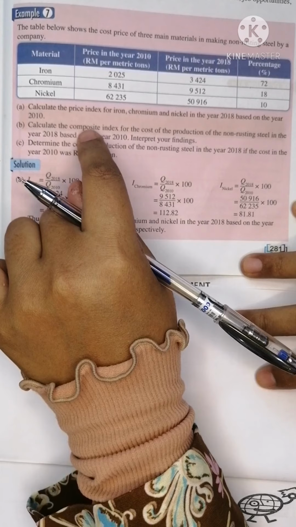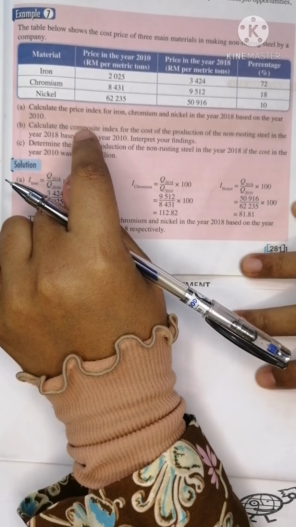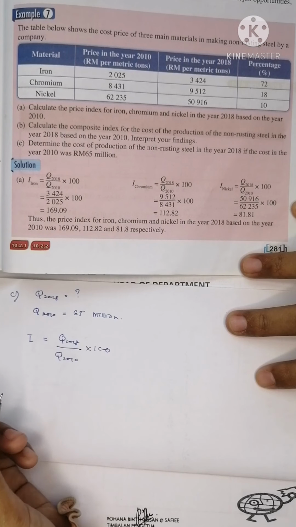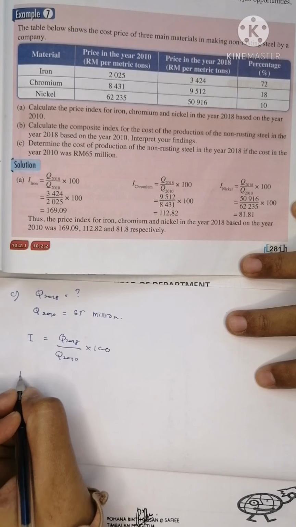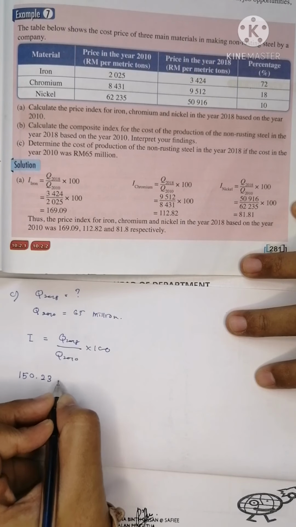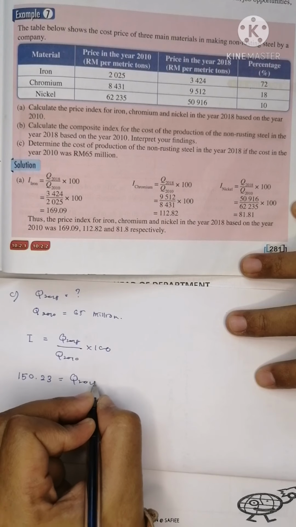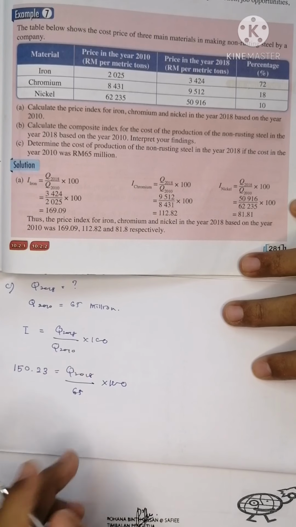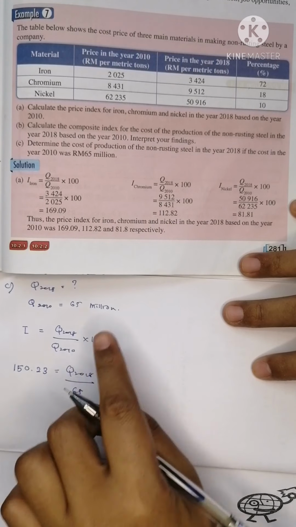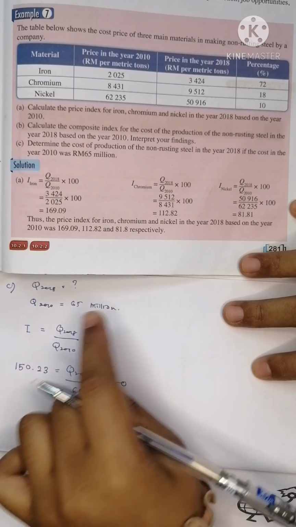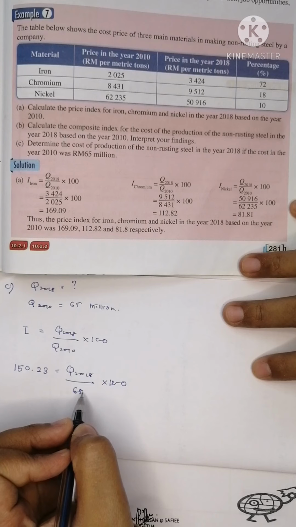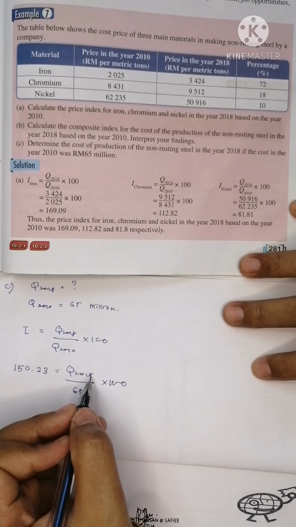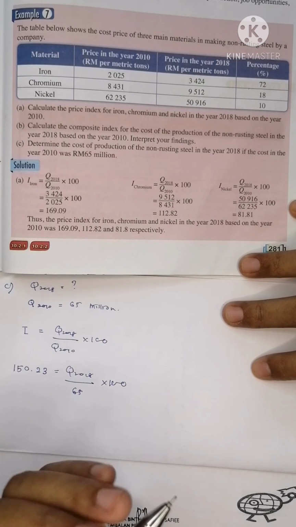So in question B, the value of the composite index is 150.23 equal to Q 2018 divided by Q 2010, which is 65, multiply with 100. We don't put a lot of zeros here because this is in the form of million. We just take 65 only, because later after we find the value of Q for 2018, then we just put million at the final answer.